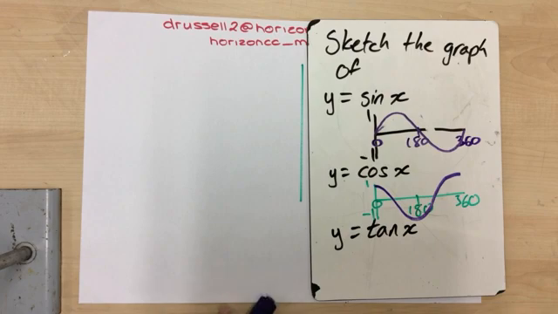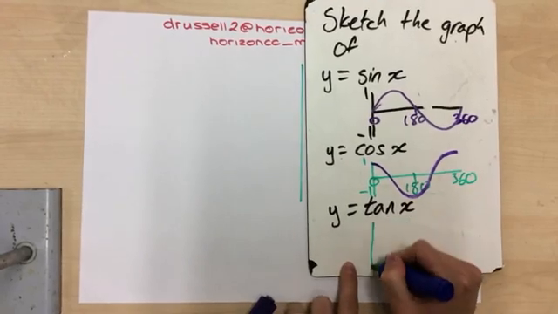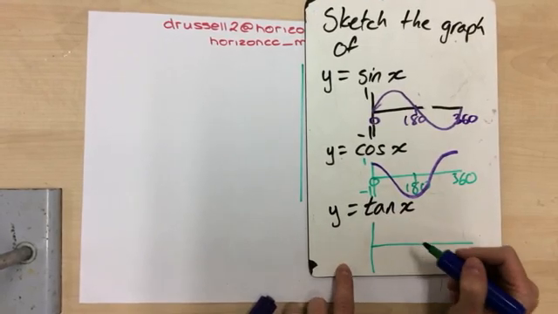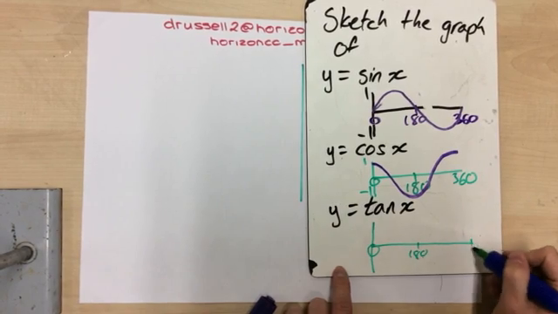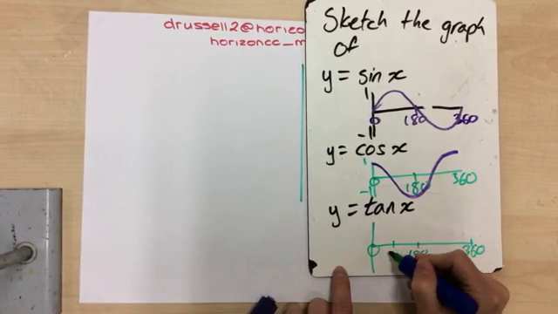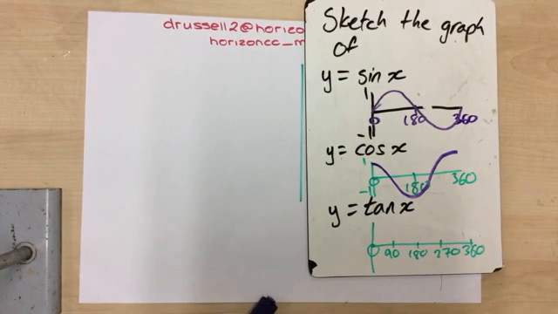And the last one then, the tan graph. This is the most obscure one. Once again, we're going to go from 0 to 180, 360, and I'm going to put the middle ones in for this one as well, and 270. This one will cut through 0, it will cut through 180, and it will cut through 360.